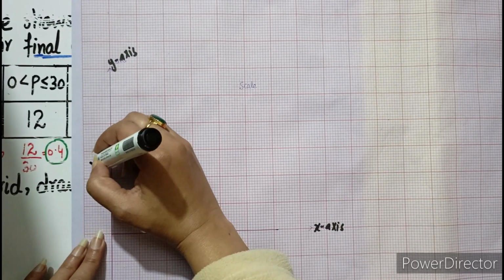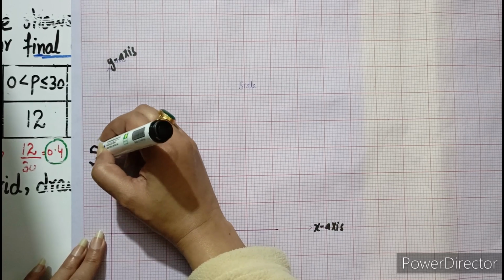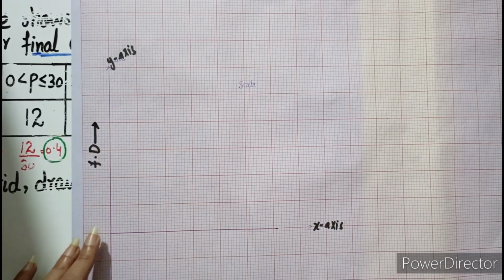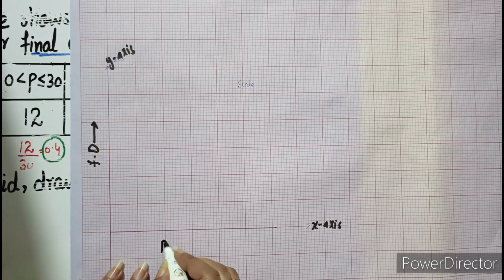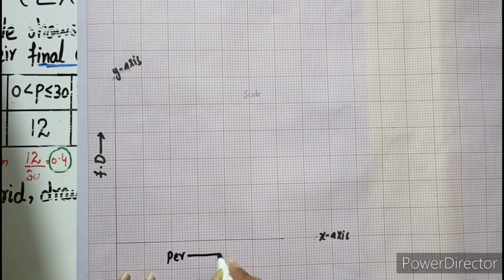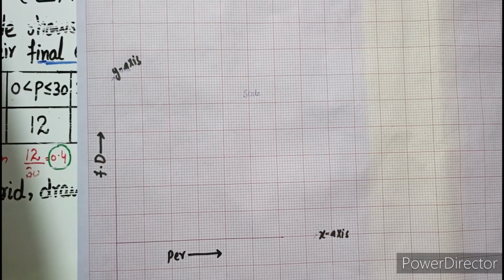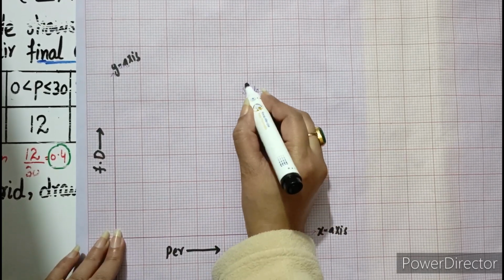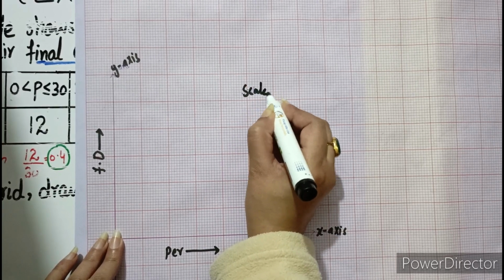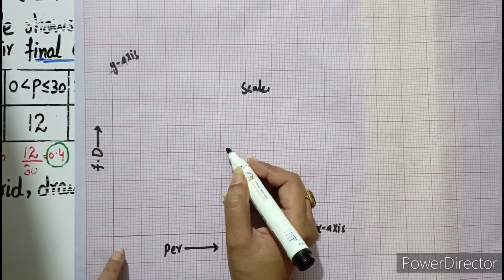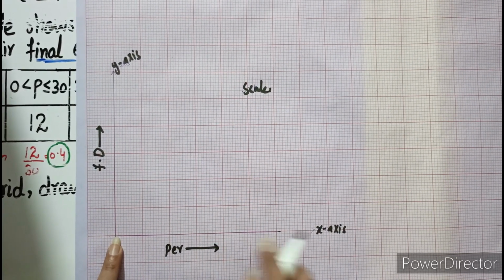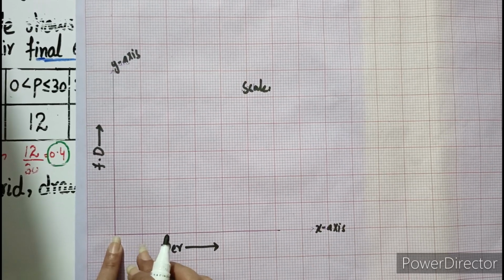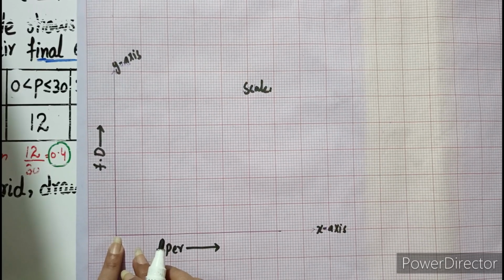Here I'm going to take frequency distribution, while here I'm going to take percentage. The scale which I'm going to discuss here is one small block along the x-axis. One small block is equal to 1.